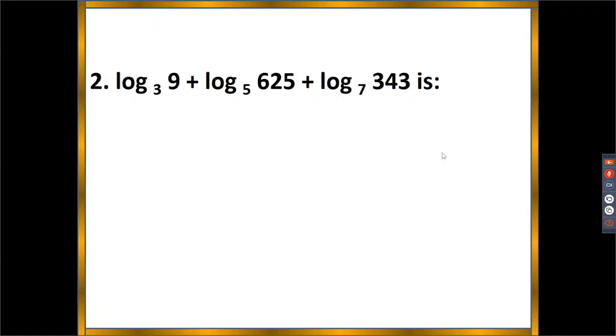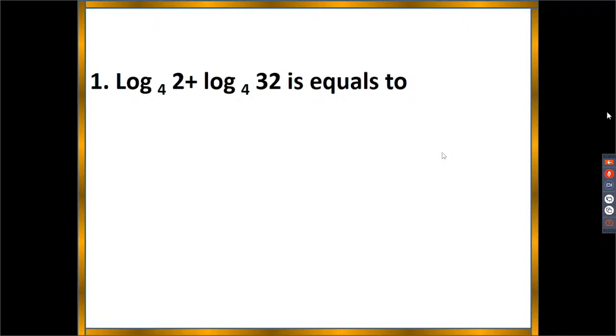So it looks like log a plus log b, and the base is common. What is the formula for log a plus log b? Log a plus log b is nothing but log ab, which means log a into b. 2 into 32 is 64. 64 means 4 cube, right? So log 4 cube base 4. What is the formula? Log a power n base a is equal to n. 3 is the correct answer.